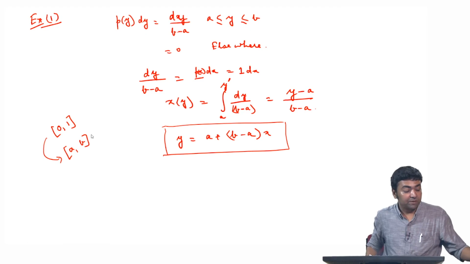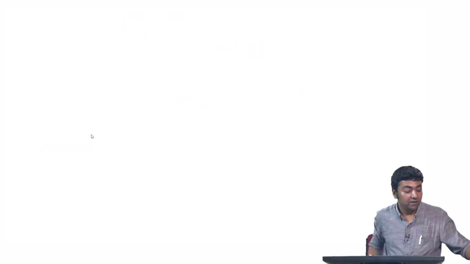Another type of distribution which we often find, particularly in the area of physics, is the exponential distribution, which is example 2.